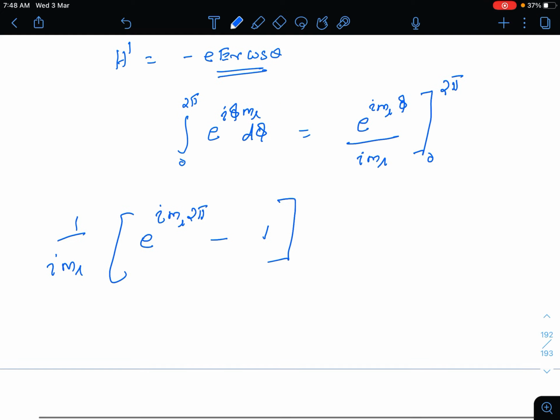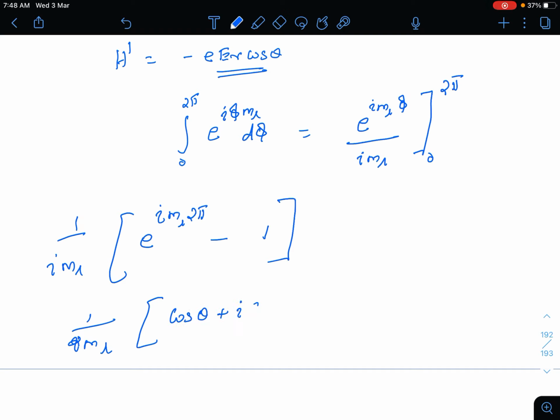And e raised to I theta is equal to cos theta plus I sin theta, so this is cos of ML 2 pi plus I sin of ML 2 pi minus 1.